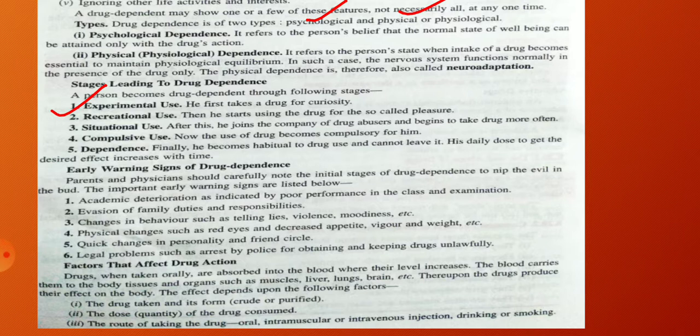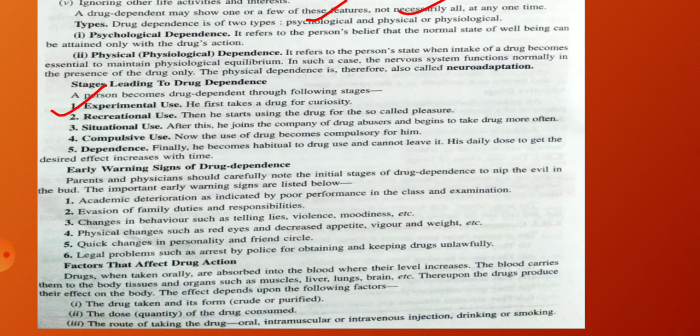Then it changes his personality also. Then comes the next, that is legal problems, such as arrest by the police for obtaining and keeping drugs unlawfully. So these are some warning signs of drug dependence.